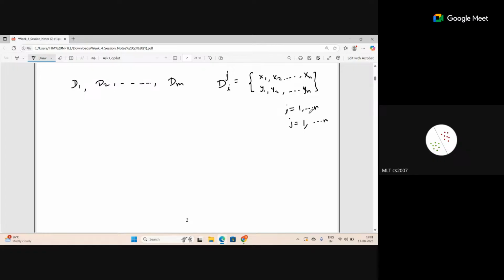We have m different data sets, which will have xj and yj pairs, so you have the data points along with their labels. Is that fine? What you do is you apply a decision tree over this data set. Okay, is that fine?